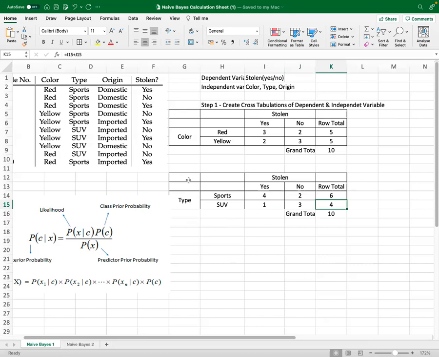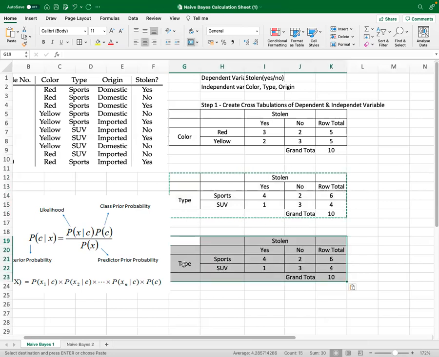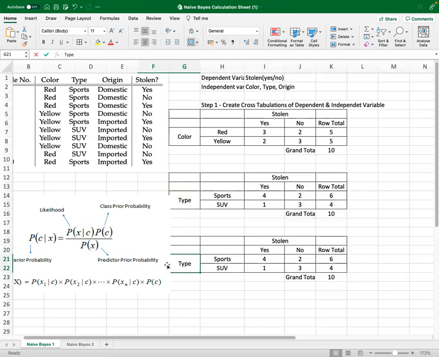Control S. Okay, copy this table again. Control C, give 2 rows gap. Control V. This time we will go with origin. Domestic and imported.